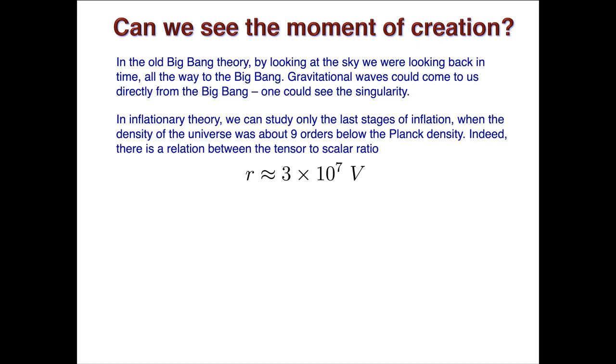So the scalar field was rolling, the universe was expanding, and the structure of our small part of the universe was formed when density was well below Planckian density. To see what happened at the Big Bang, you would need to look at an exponentially large distance, which is practically impossible because you need to wait an exponentially long time. And if there is a cosmological constant, then it's actually impossible in principle.